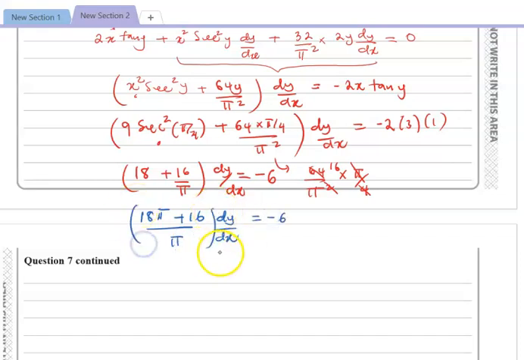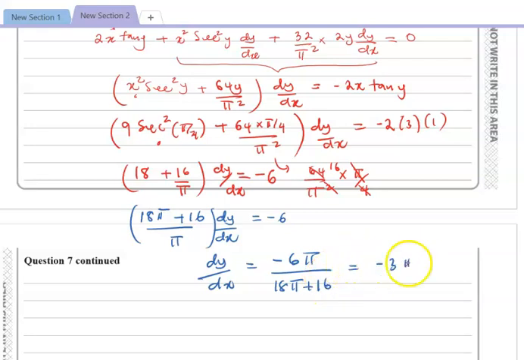So you can see that for your dy dx, the pi multiplies this side, so you have minus 6 pi over 18 pi plus 16. You can divide everything by 2, so you have minus 3 pi over 9 pi plus 8. That's your dy dx.